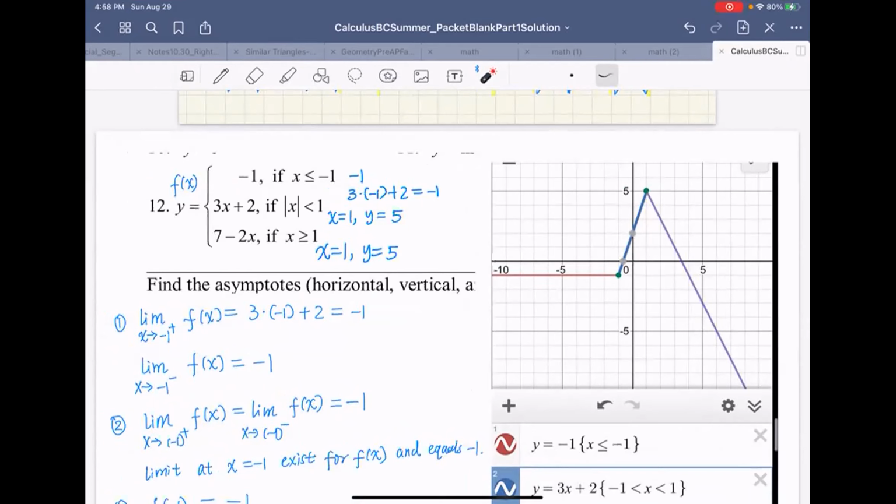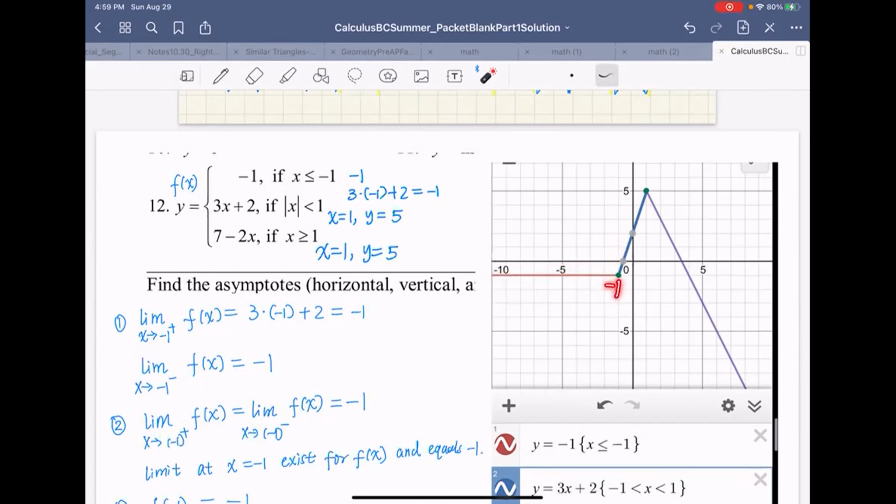Michelle, unmute yourself. Let's do number 12 together. x will be less than or equal to -1. So when we draw this, we cannot draw this line all over. We have to stop at x equals -1, correct?